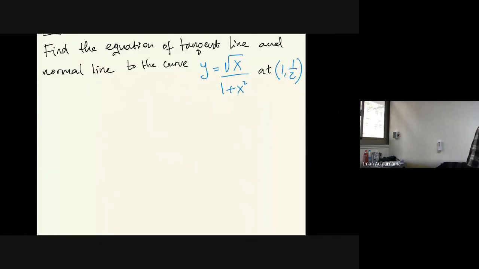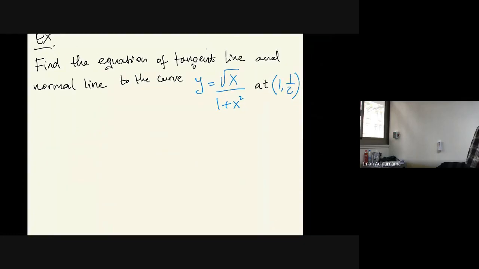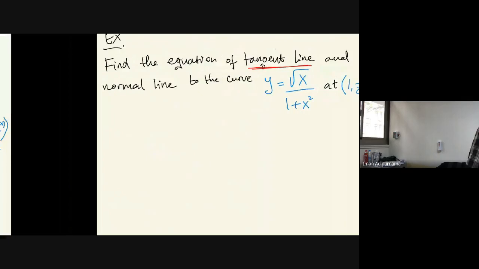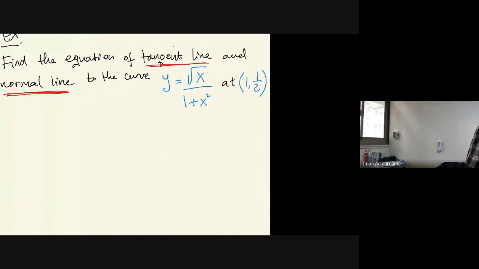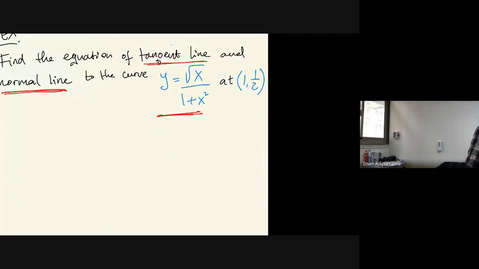The question is just asking for the tangent line and normal line. And this is your curve, y equals square root of x over 1 plus x squared. And this is the point, 1.5, x, y.